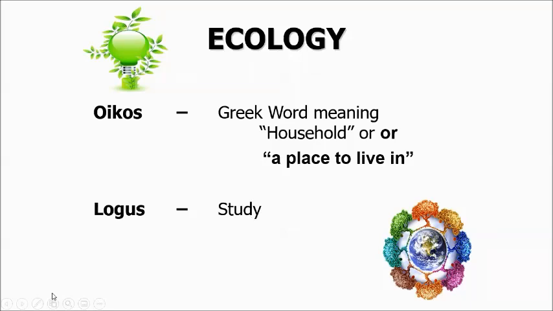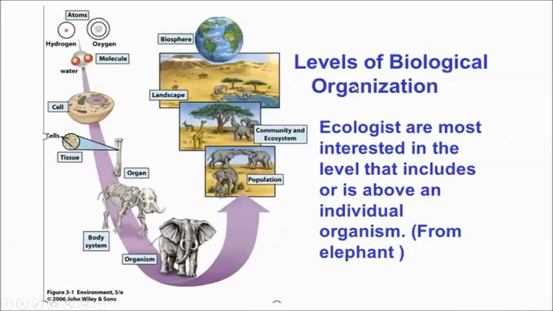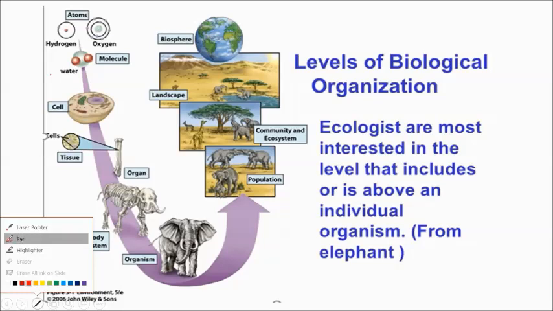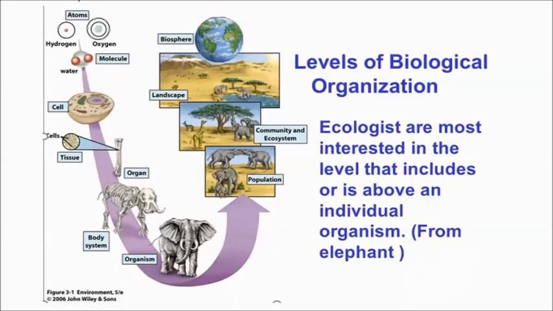No? Okay, so next we have the levels of biological organization. Starting from atom, where atom is the smallest particle of an element that can enter into a chemical combination.